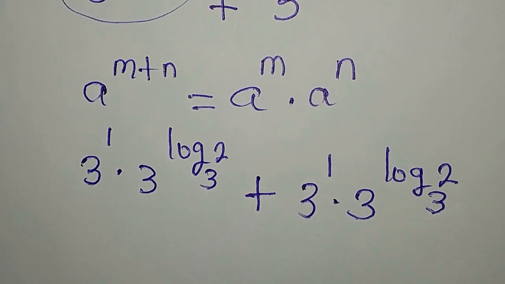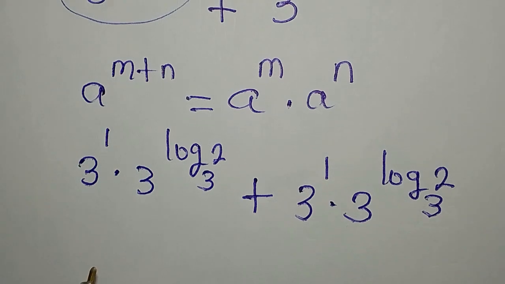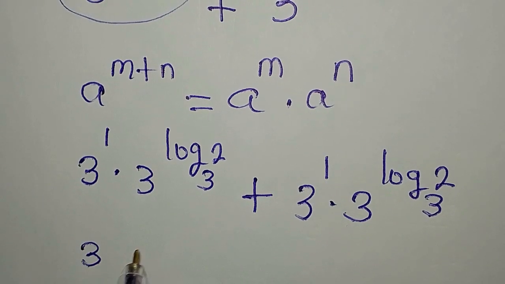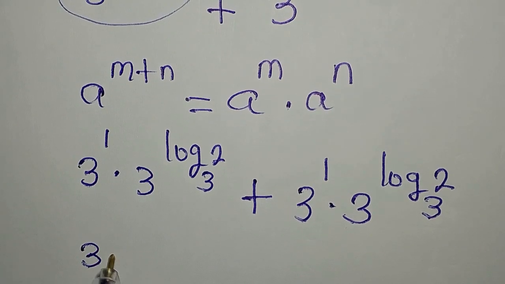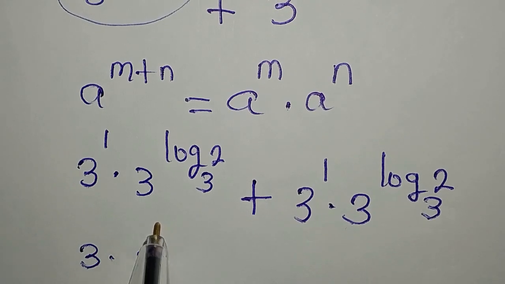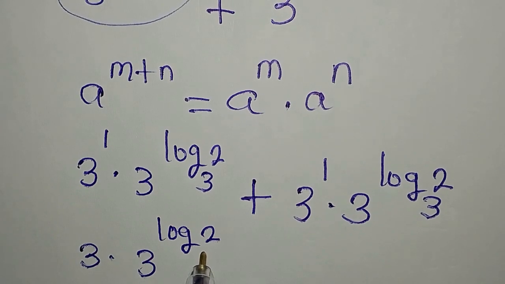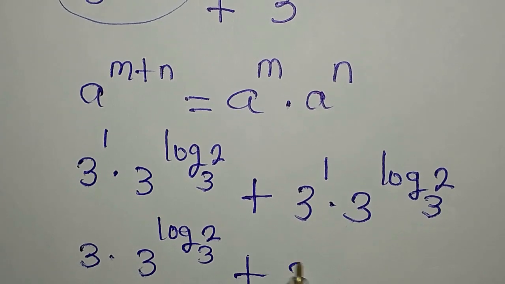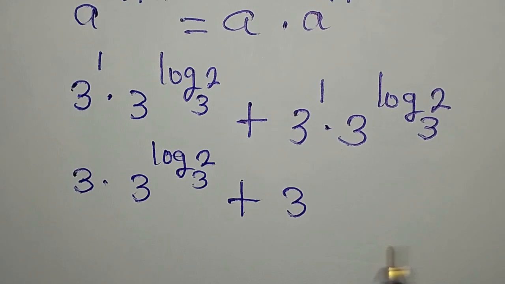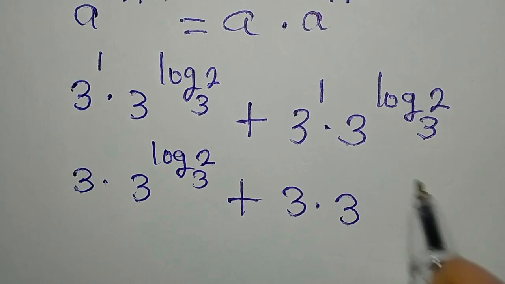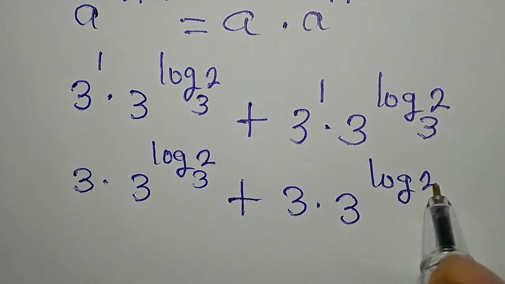Then 3^1 is the same as 3, so this is 3 multiplied by 3^(log 2 to base 3), then we have 3 again multiplied by 3^(log 2 to base 3).